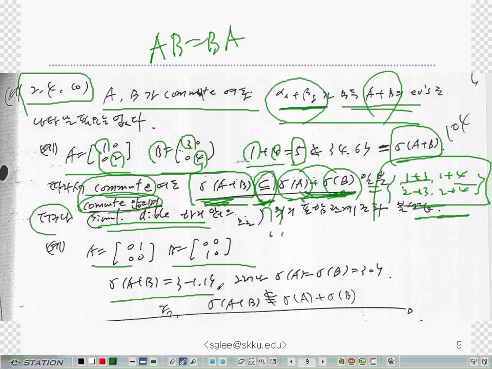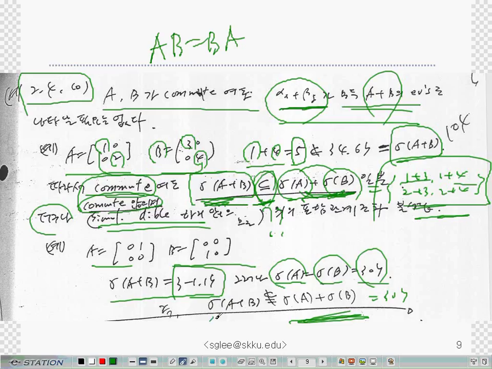The eigenvalues of A plus B are this, because that's a diagonal matrix. But the eigenvalues of each matrix are only zeros. So the summation of those two sets is still only 0. This does not include any one of these. So this is true only if AB is equal to BA.